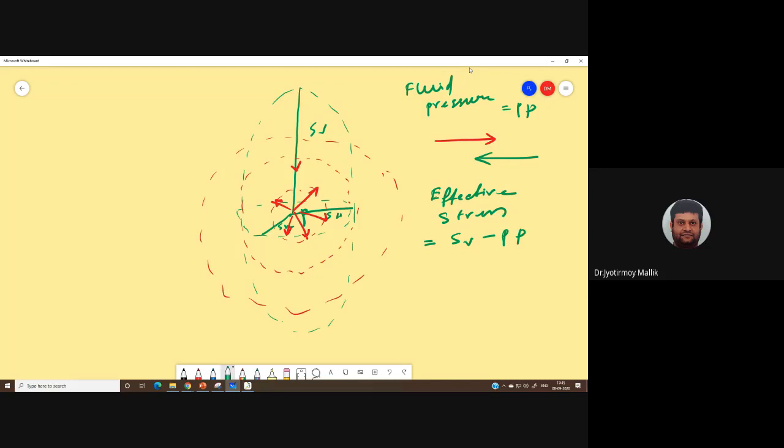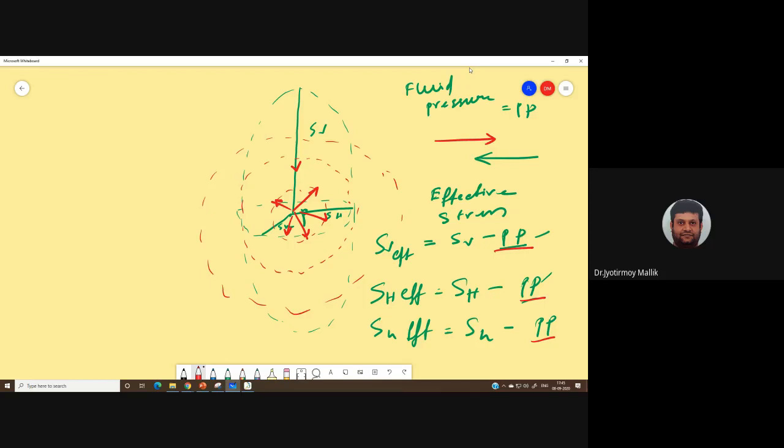So this is the effective vertical stress, or I can simply write SV effective. Then S capital H effective is S capital H minus PP, and S small h effective is S small h minus PP. But the value of this PP is exactly equal in all three cases.